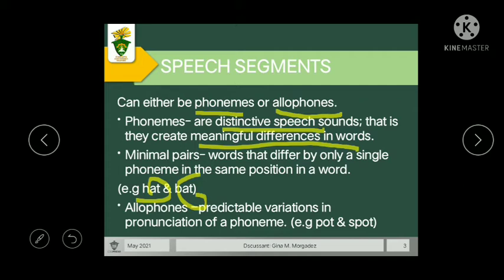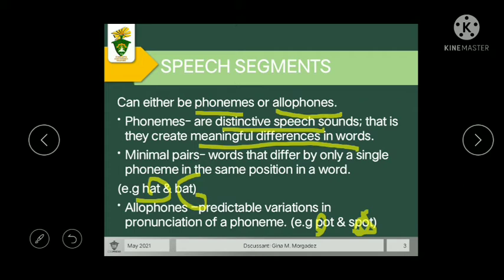This p here is aspirated and this p here is unaspirated, but they cannot be considered phonemes. Why? Because they are not distinctive. So it is not possible to create minimal pairs with these two sounds.